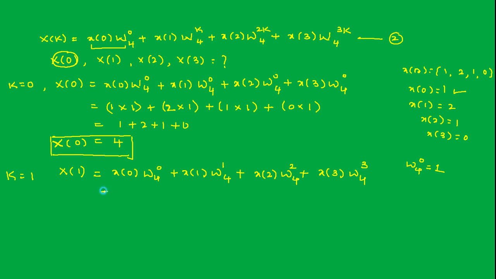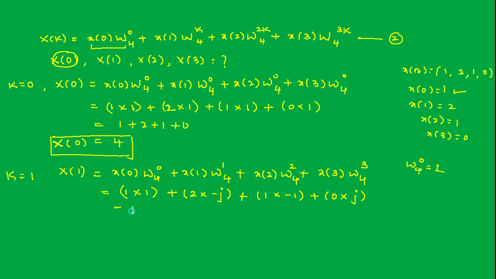So now let us simplify this further. X of 0 is 1 into w4 raised to 0 is 1, plus x of 1 is 2 into w4 raised to 1, which is minus j, so it is minus j, plus x of 2 is 1 into w4 raised to 2, which is minus 1, plus x of 3 is 0, w4 raised to 3 is plus j.